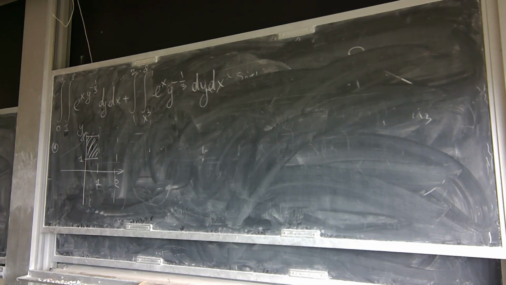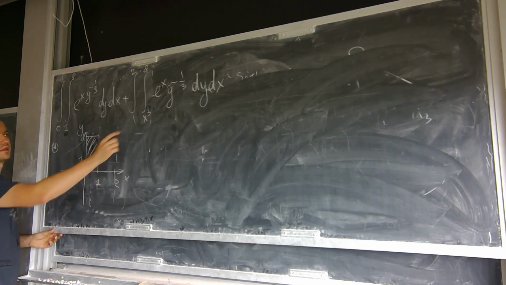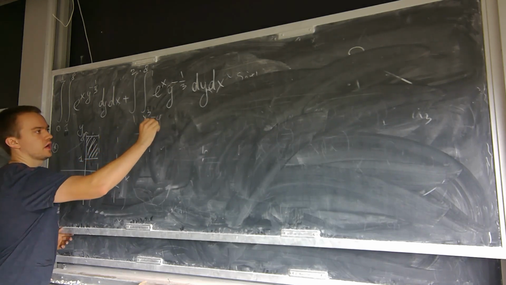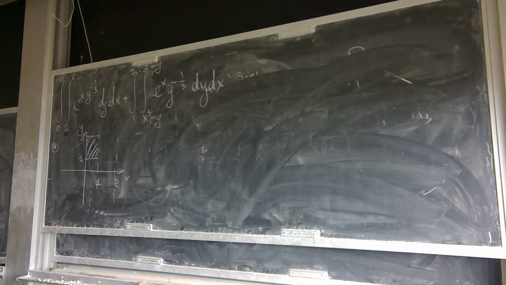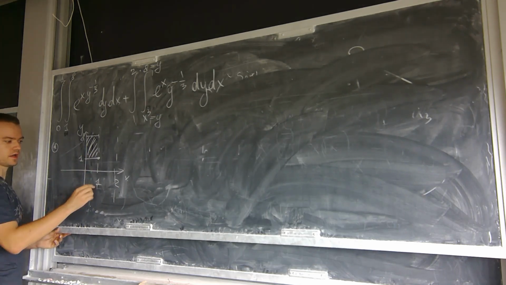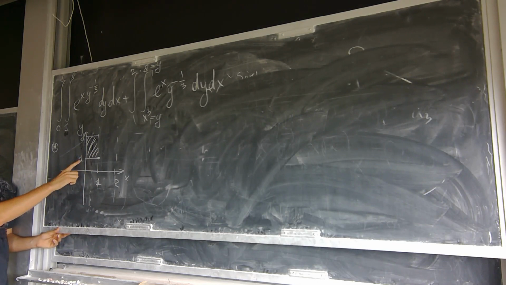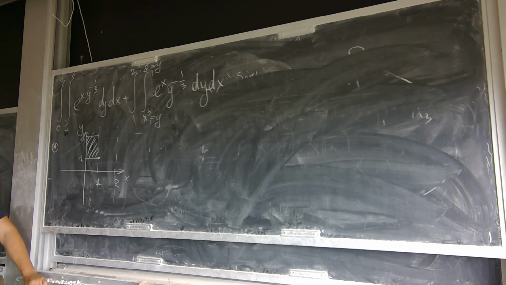Okay. And then for the next one, I have x changes from 1 to 2. And over here, I have y equals x cubed and y equals 8. When y equals x cubed, if x equals 1, y equals 1. So my x cubed starts here. Do you remember how the x cubed graph looks like?